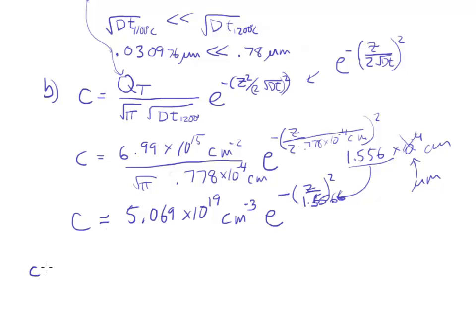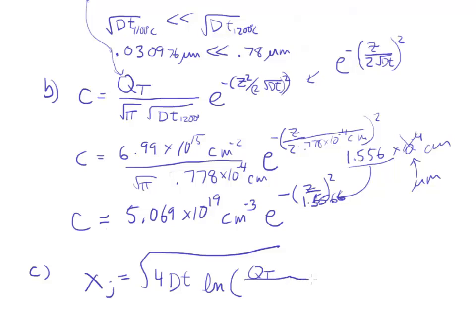And then for part C, the question is to find the junction depth x sub j, and that's equal to the square root of 4 dt times the natural log ln of q sub t, the dose, divided by Cb.